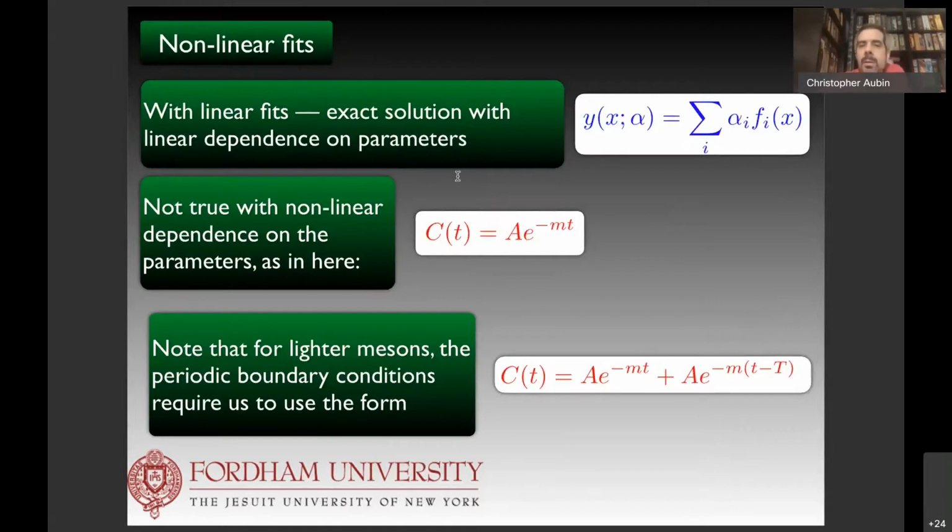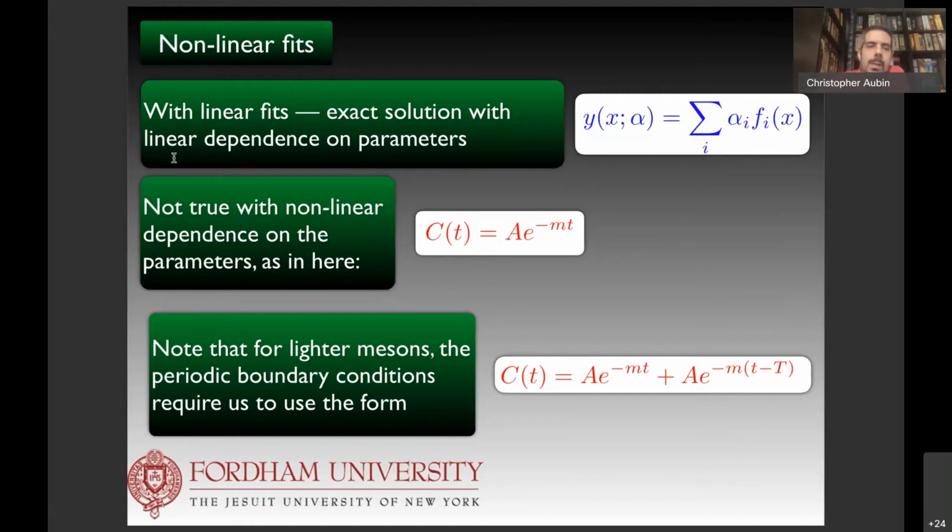In linear fits, the fit function, this y of x and alpha, where alpha is my set of fit parameters, is linear in all of the parameters. So f_i of x could be any function. It could be an exponential, a polynomial, sine or cosine, but it only depends on x, not any of the fit parameters. That's what we mean when we say linear fits, that the alpha i's all appear linearly in this expression.